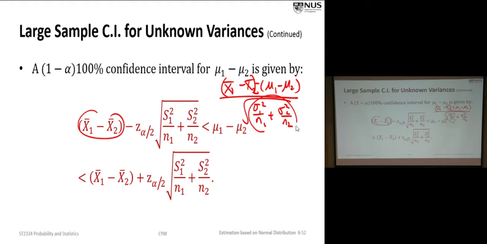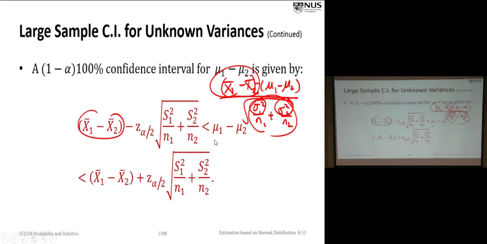This is the standard error of the difference. By the central limit theorem, it follows approximately a standard normal distribution. So the minor adjustment is to replace the unknown sigmas by the sample variances. We still use the formula, except that we replace sigma 1 square and sigma 2 square by S1 square and S2 square respectively.